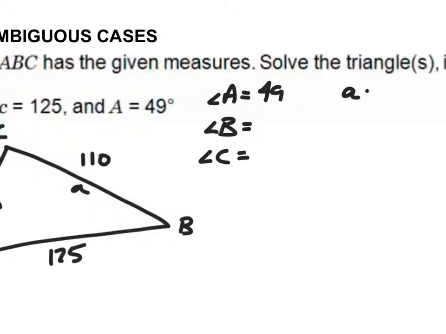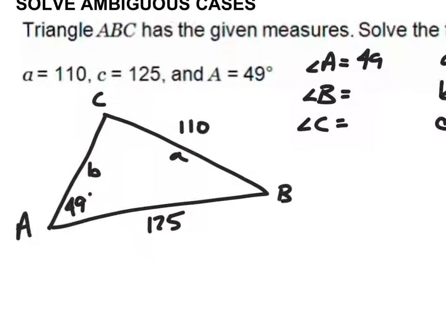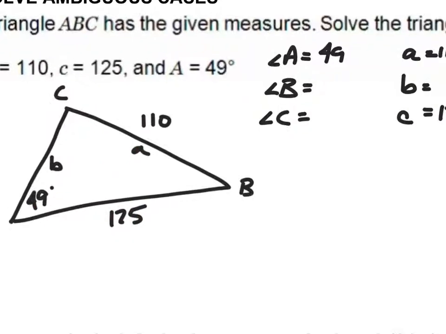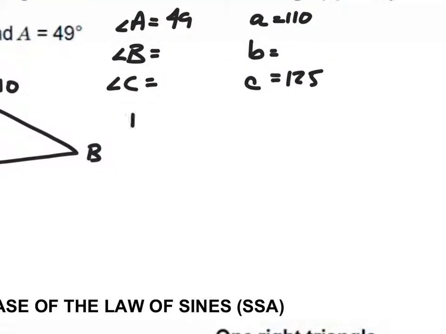Side length A is 110. Side length C is 125. We don't know side length B. So let's find angle C, and the reason why is because I have angle A and side length C, but I don't have angle C.